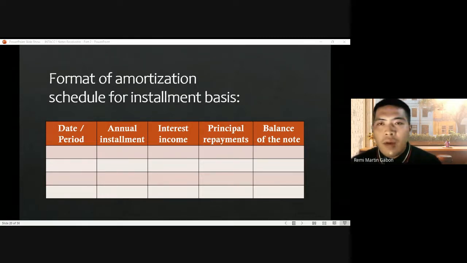Again, we don't have accrued interest for non-interest bearing. Accrued interest is only present for interest bearing. So what is present with non-interest bearing is unearned interest. That's why merong tinanggal na column for interest receivable. But hindi mawawala yung interest income. Okay? Hindi mawawala yung interest income.